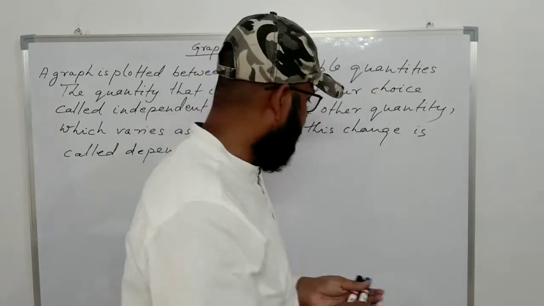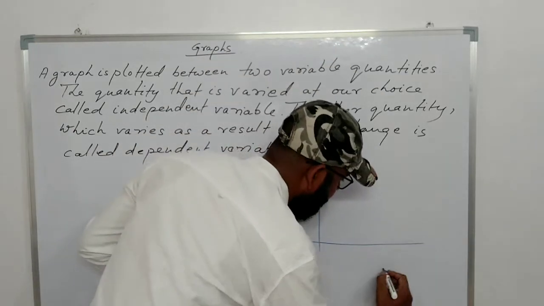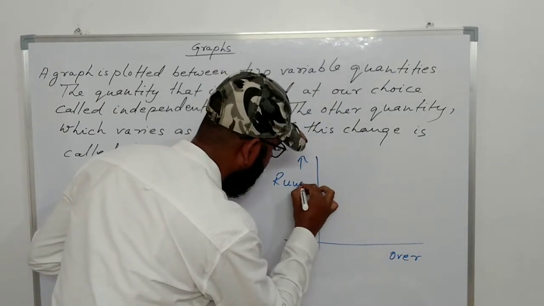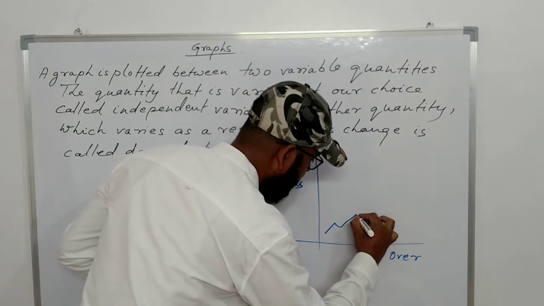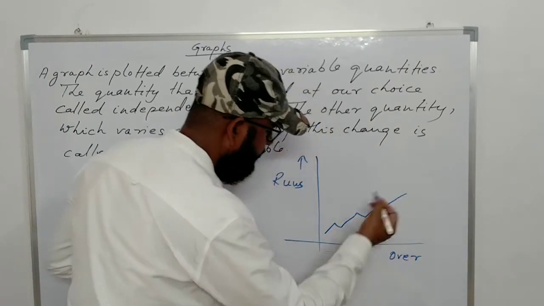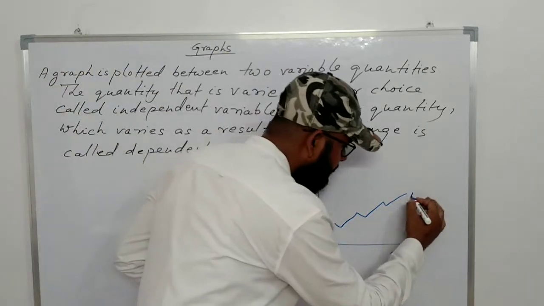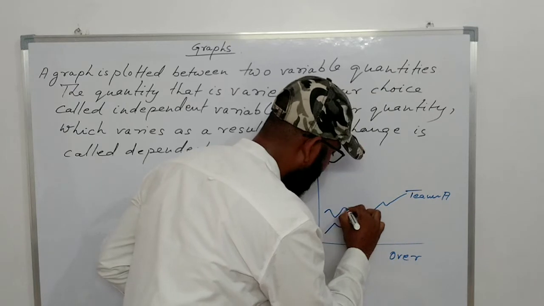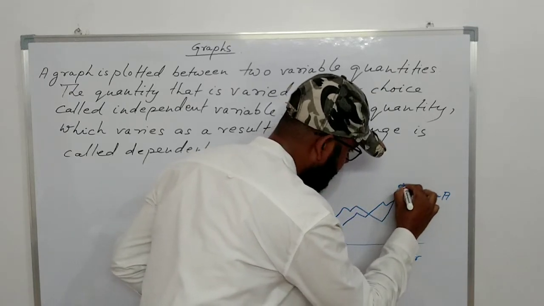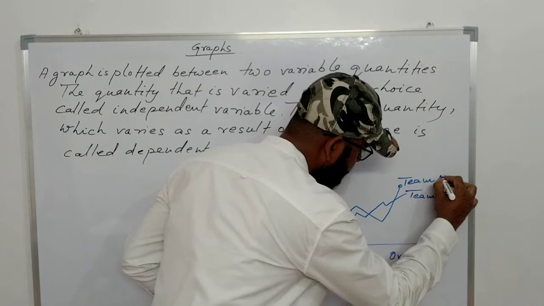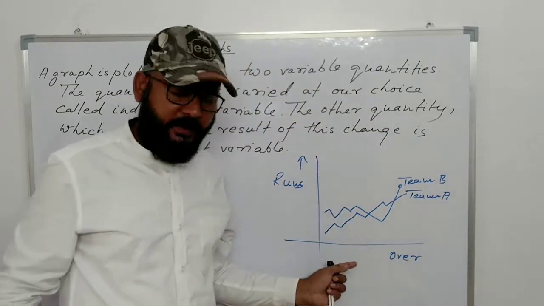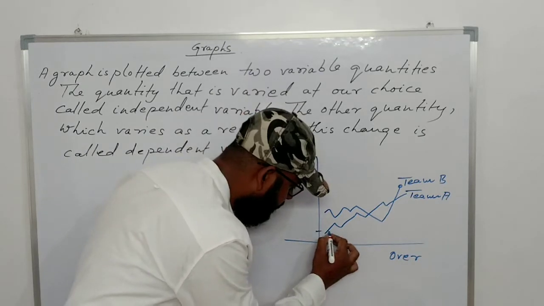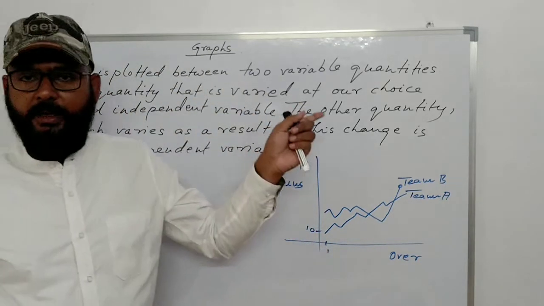Okay, take an example like this. Suppose this is given here, overs and runs. Suppose this is team A, and we can also represent the data of team B. Here overs, suppose in 1 over 10 runs.